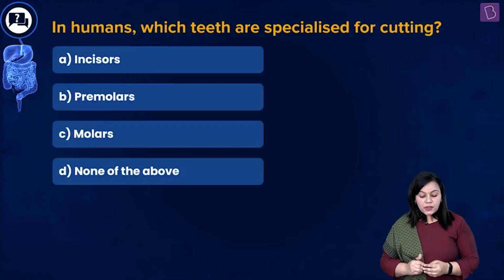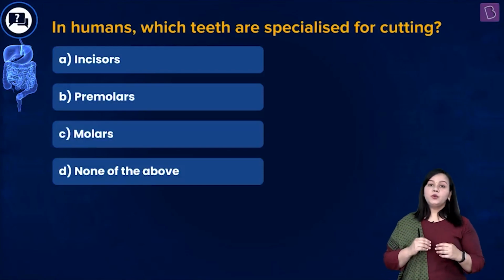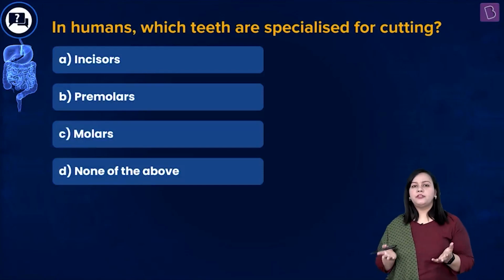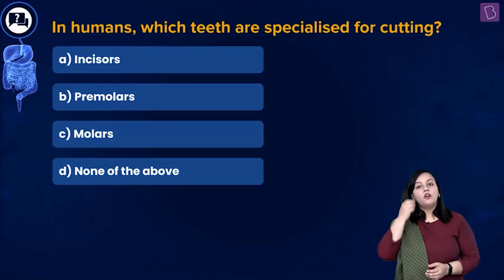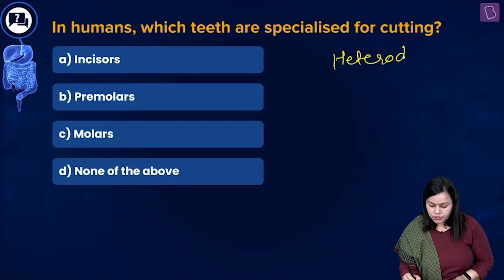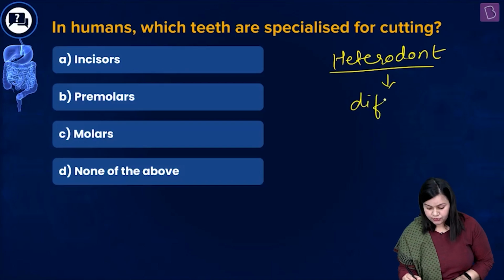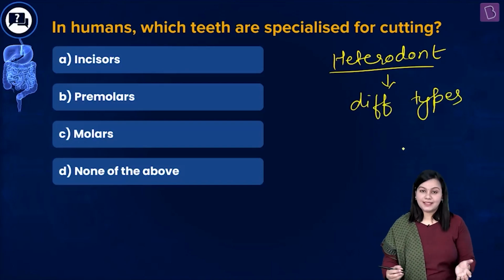In humans, which teeth are specialized for cutting? Okay, so we know that the type of teeth in humans is heterodont. What does heterodont mean? It basically means that we have different types of teeth, in appearance as well as in function.